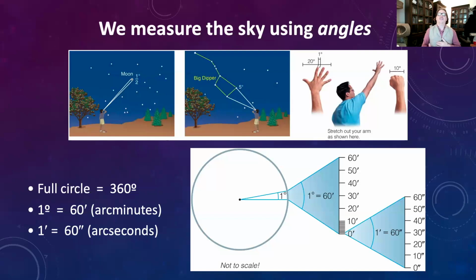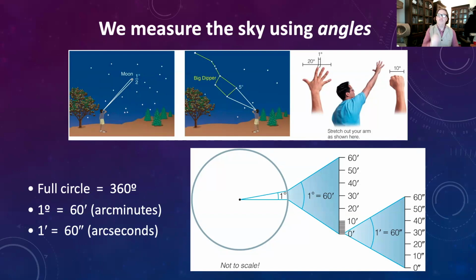When we look at the coordinates themselves, degrees can be subdivided into arc minutes, 60 arc minutes. So, for example, you can say that the moon is half a degree in size, or 30 arc minutes in size. You can further subdivide this into arc seconds.